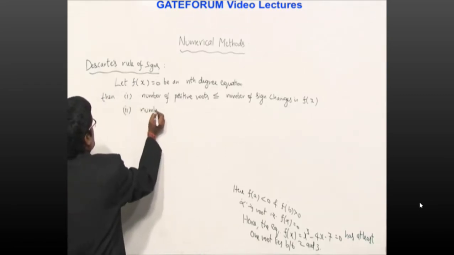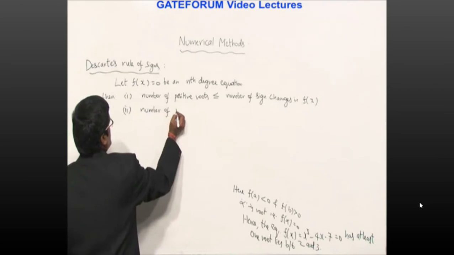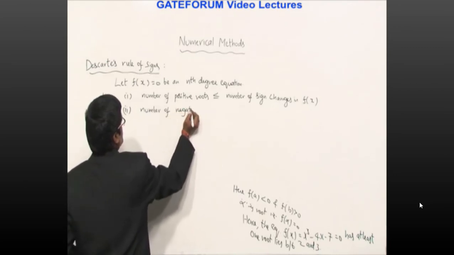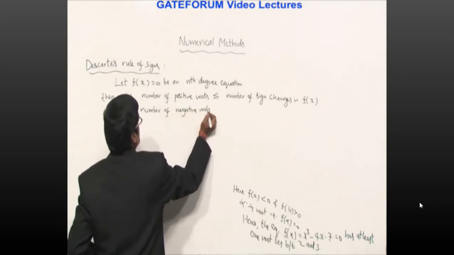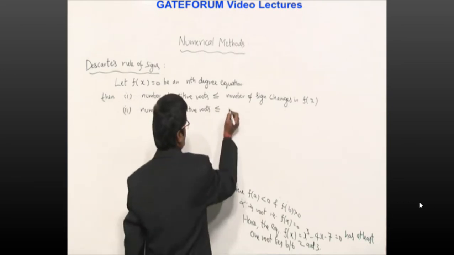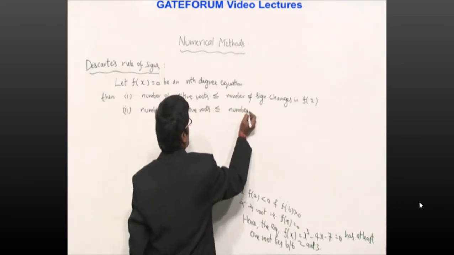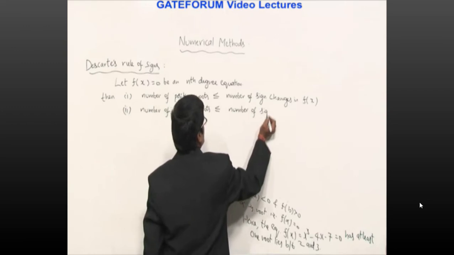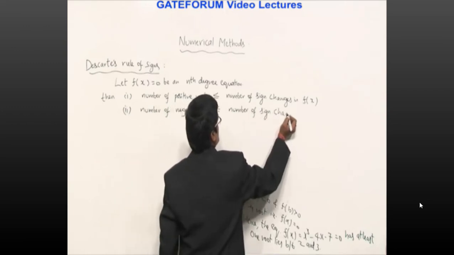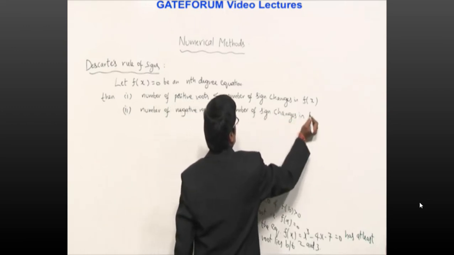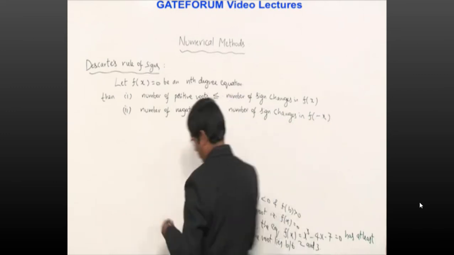Number of negative real roots is less than or equal to number of sign changes in f of minus x.